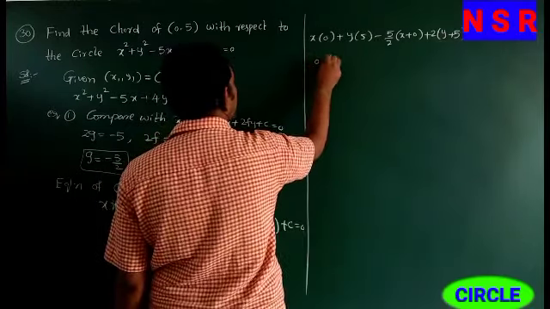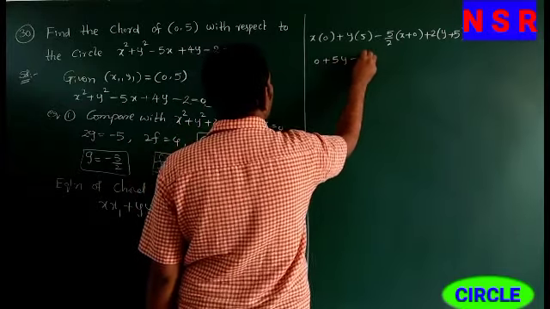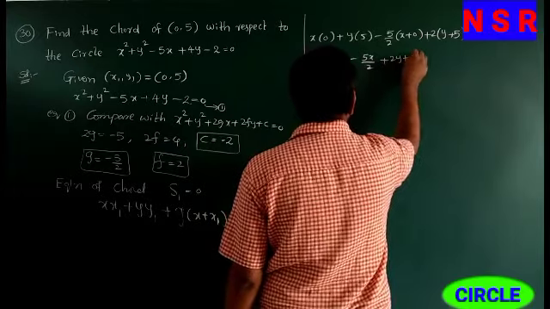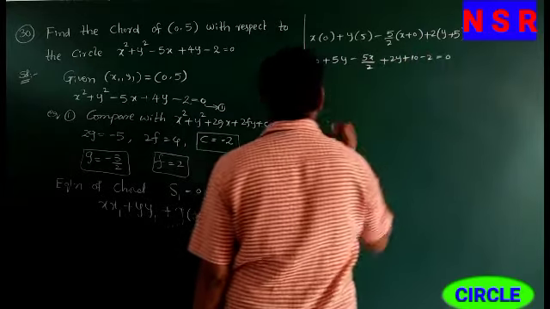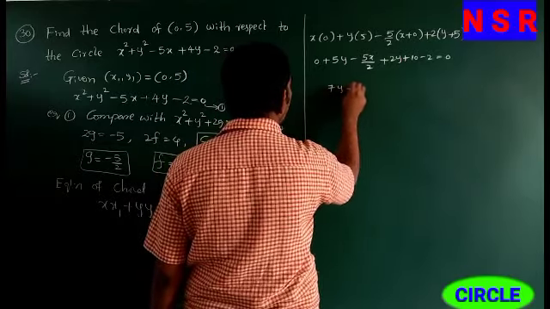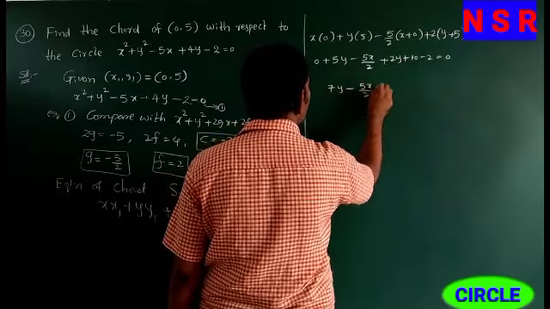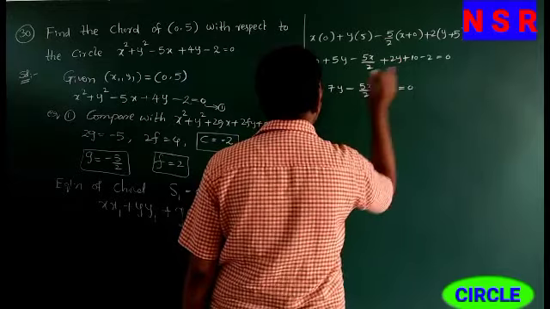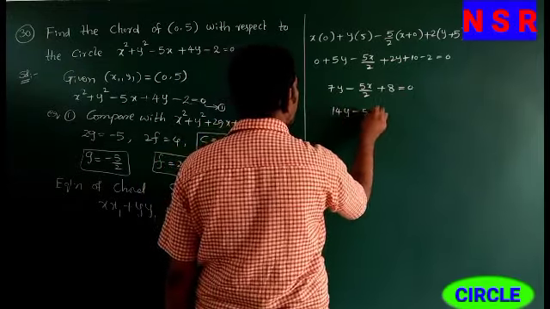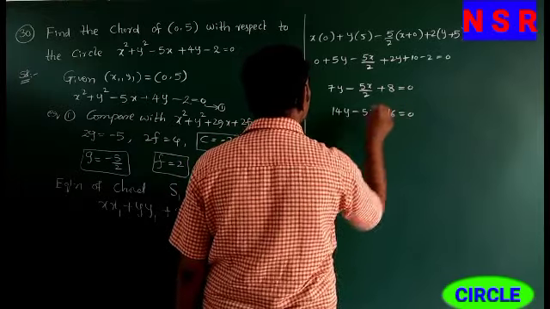So 0 into x is 0 plus 5y minus 5x by 2 plus 2y plus 10 minus 2 equal to 0. So 5y plus 2y is 7y, minus 5x by 2, 10 minus 2 is 8. So 7 into 2 is 14y minus 5x, 8 into 2 is 16.